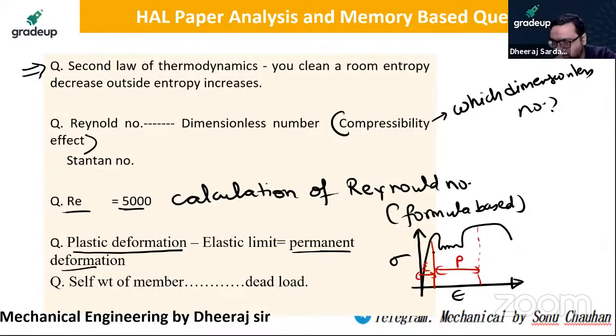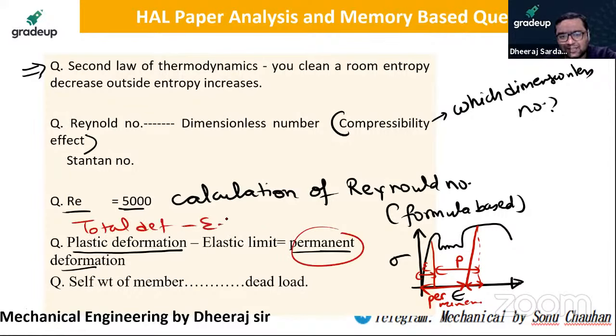When we go for the permanent deformation, during the unloading part, the elastic part is recovered, and whatever is left is the permanent deformation. So the question is like: total deformation minus elastic deformation is the permanent deformation.